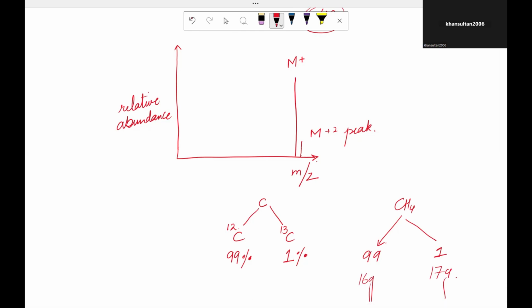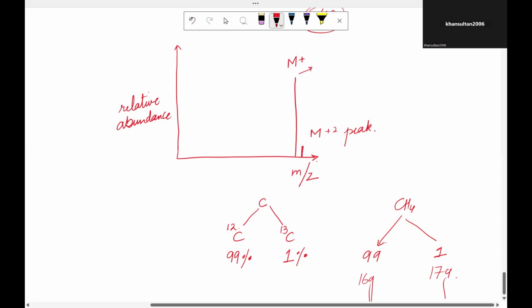So what is going to happen? You can see that this peak is in a very small quantity, so that is representing carbon 12 and carbon 13.